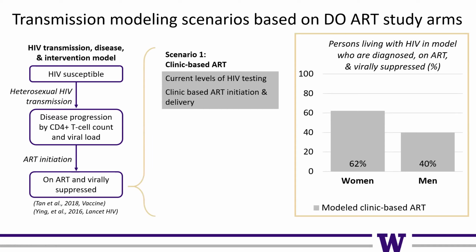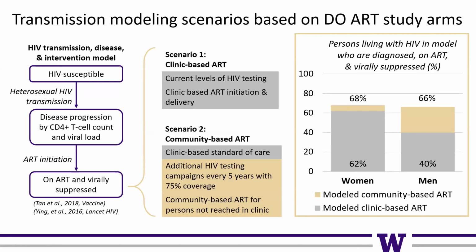Based on those viral suppression outcomes from DO ART and estimates of HIV testing coverage, we estimate that with clinic-based services, 62% of women and 40% of men living with HIV are diagnosed on ART and virally suppressed. This baseline clinic-based ART scenario is shown by the gray bars on the right. And we anticipate that community-based ART will be used as an additional intervention to engage with persons not already in care.